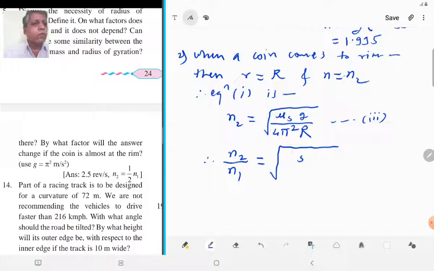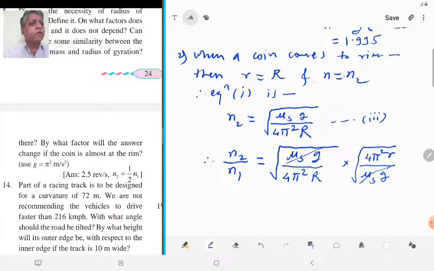Therefore, N2 upon N1 is equal to square root of mu Sg upon 4 pi square into capital R, into square root of the reciprocal of N1, that is 4 pi square into small r upon mu Sg. Mu Sg gets cancelled, 4 pi square cancels, therefore N2 upon N1 is equal to square root of small r upon capital R.